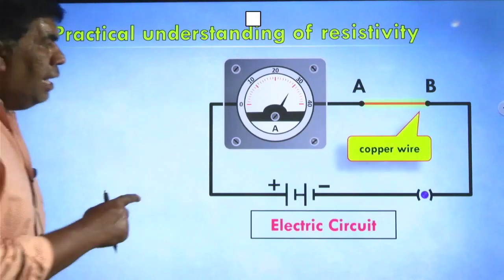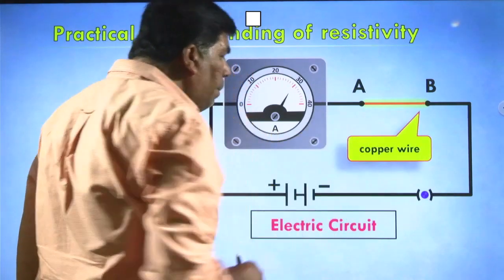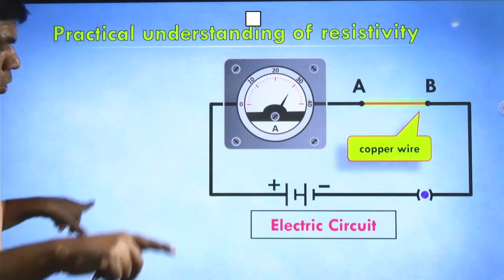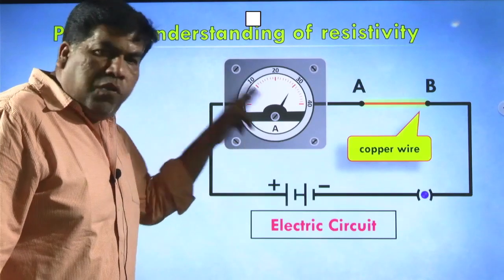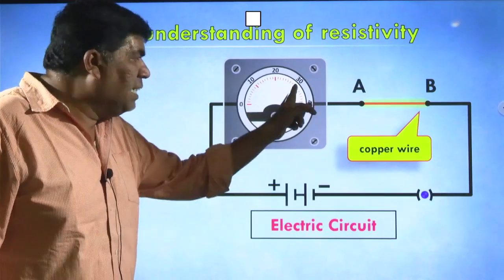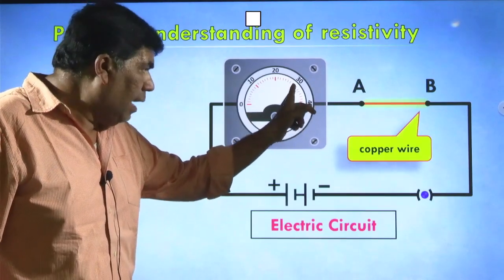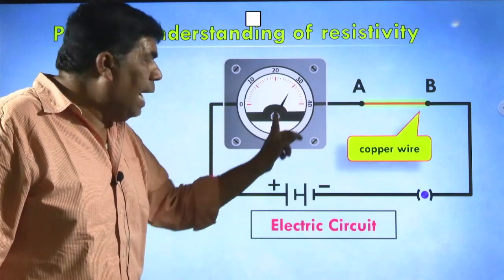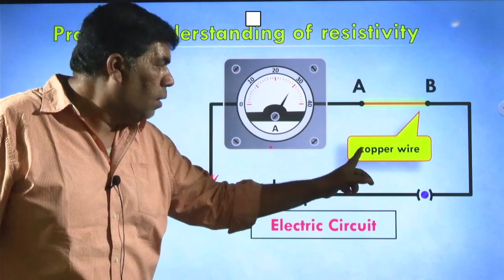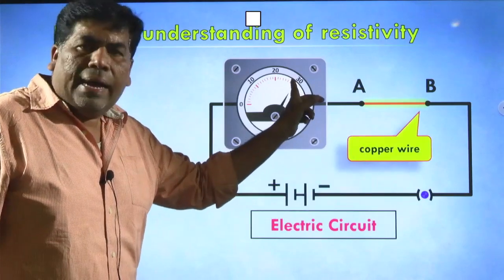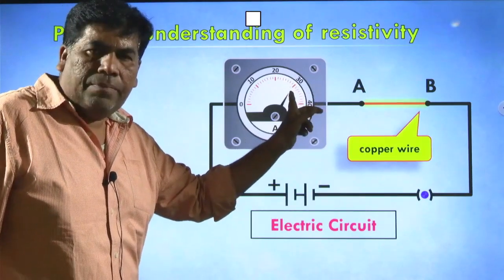Suppose A and B are connected by copper wire, then the circuit becomes complete and the current will flow. In the ammeter we can see the current reading, which is 30 ampere. If this gap is filled with copper wire, the current flow is 30 ampere.